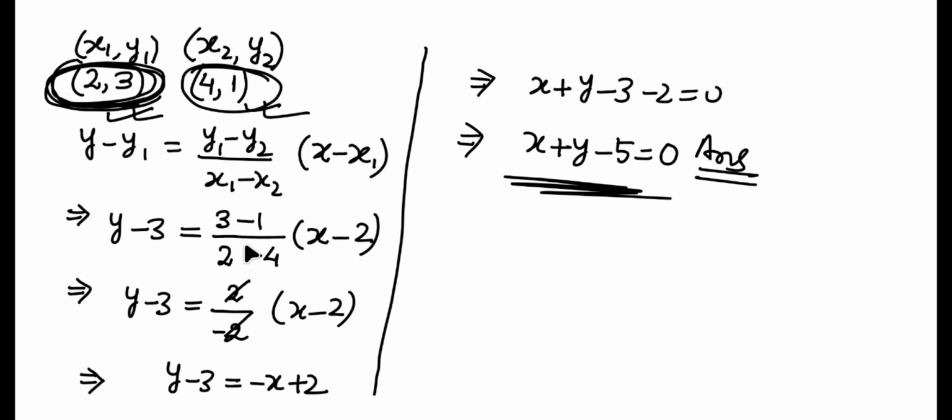Now in this video I will go for the second form of straight line. In the previous video it was the first form of straight line, and I write that formula once again: y1 minus y2 by x1 minus x2, and here it was x minus x1.